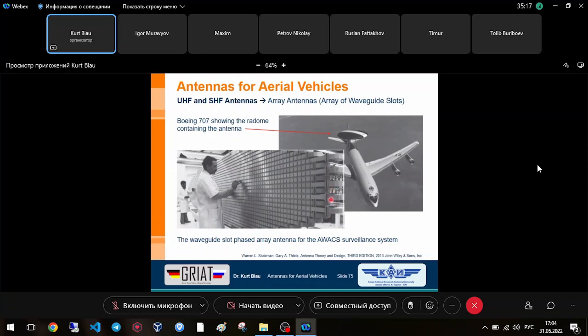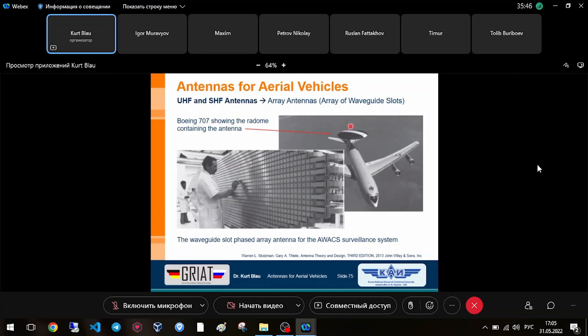And in which type of aircraft is such a very large antenna? From this man, this engineer, to this, it's more than 10 meters, this dimension, and in height it's about 2 meters. Then you can see here the radome of this Boeing 707.